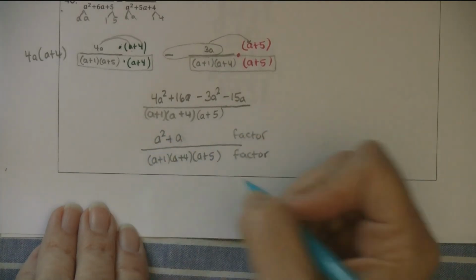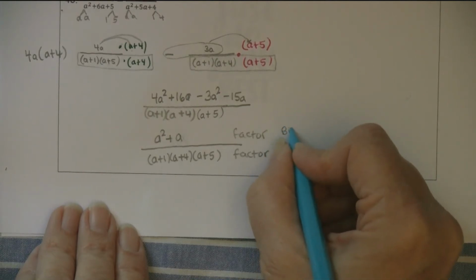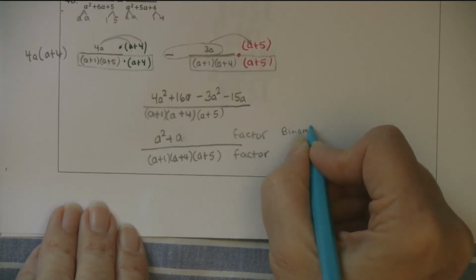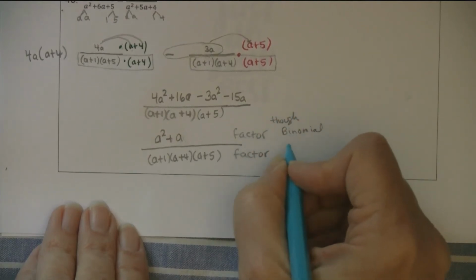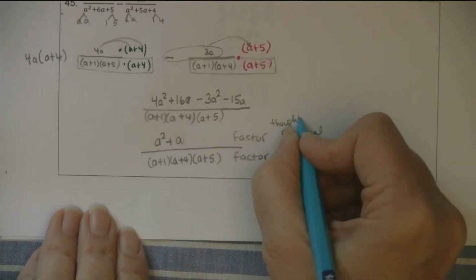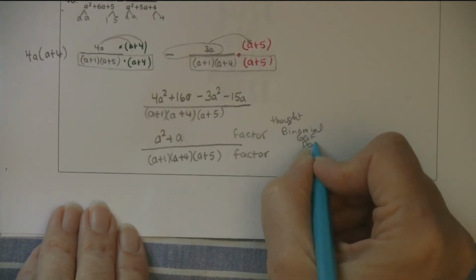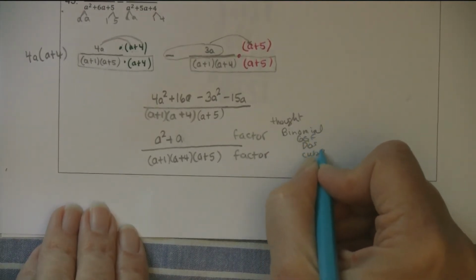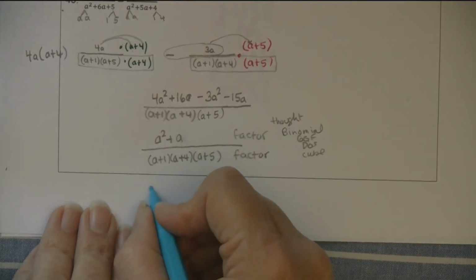Good news, the numerator is a binomial, right? So I'm thinking, well, binomials have greatest common factor, or difference of squares, or a cube. What's this one? Yeah, it's greatest common factor, of a.